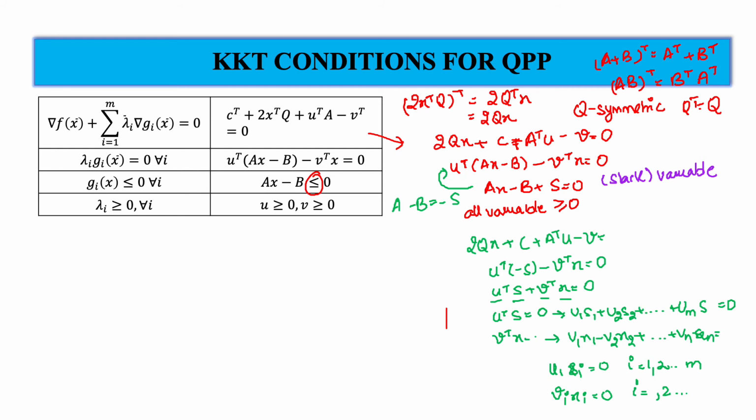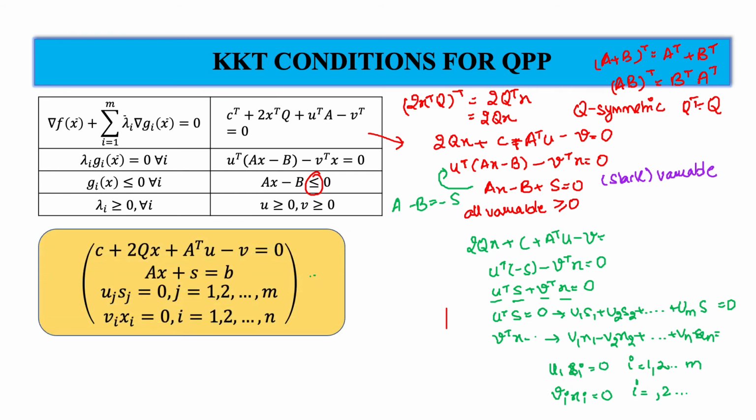Okay, now the last will remain the same. So what we have finally concluded is that we can rewrite these equations as: c plus 2Qx plus A transpose u minus v is our first condition. Second, we are taking from our third equation.